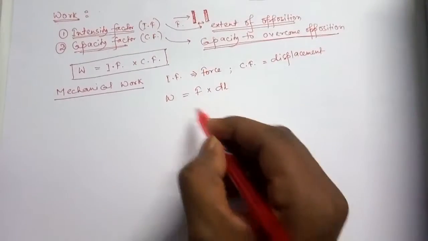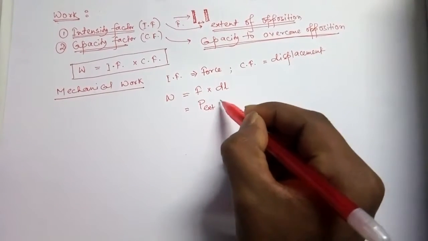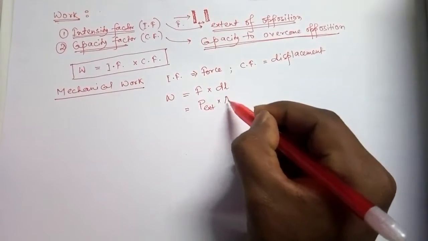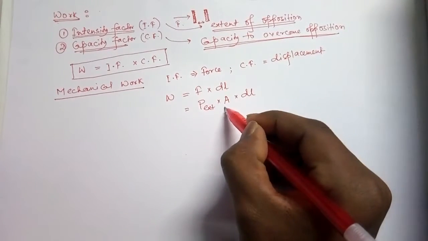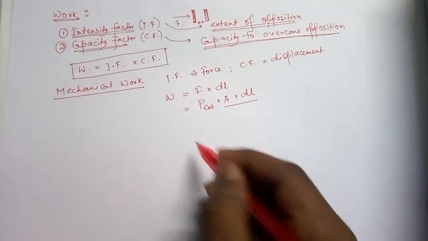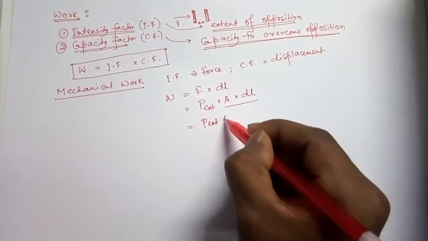We know that force equal to pressure into cross-sectional area. Now area into displacement is the volume, so P external into dV.